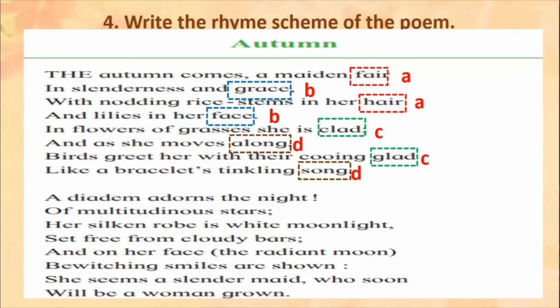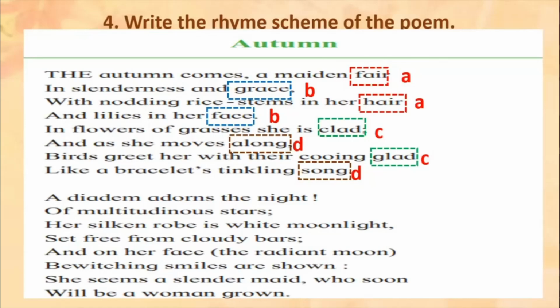Now the next line you are supposed to decide, and you will decide what the rhyme scheme for the entire stanza is. Let me just hold your hand and take you there, and let us see what the first letter, or what the first rhyme, you will give this. So, a diadem adorns the night.